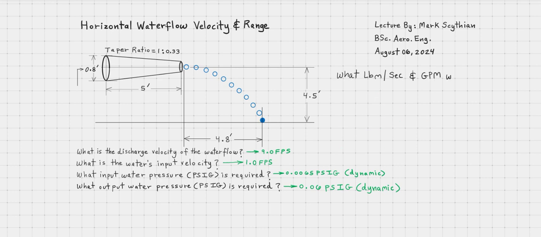So next, what is the pounds per second and gallons per minute water flow? That's US liquid gallons, where 3.78 liters is 1 US liquid gallon.